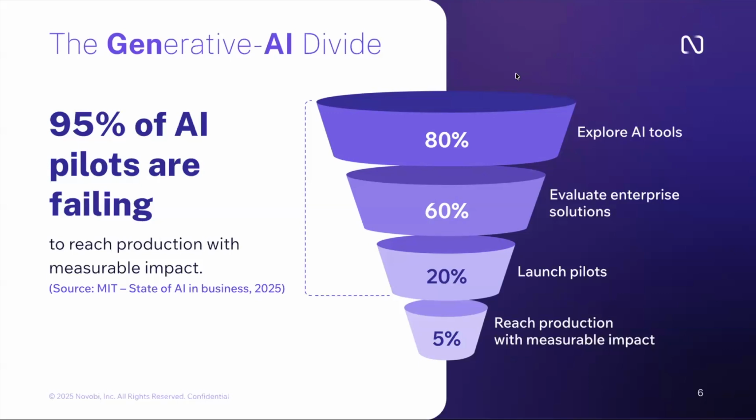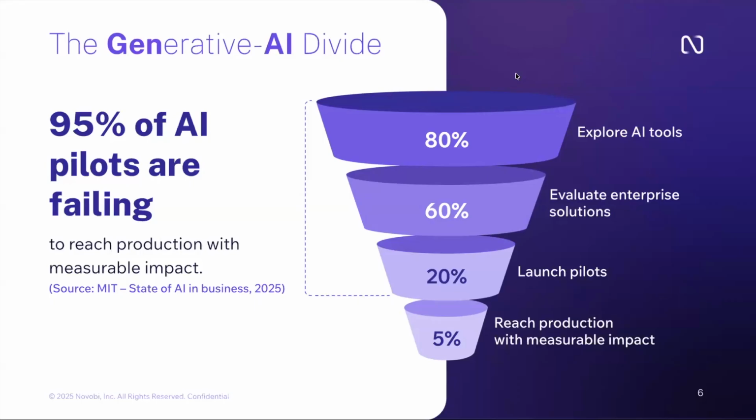So the real question is, why did the majority fail, right? It's definitely not because of a lack of effort or a shortage of innovative ideas. In fact, it's often due to difficulties navigating the complexities of AI, from identifying the right tools to integrate with your existing infrastructure, and sometimes scaling for real-world deployments.